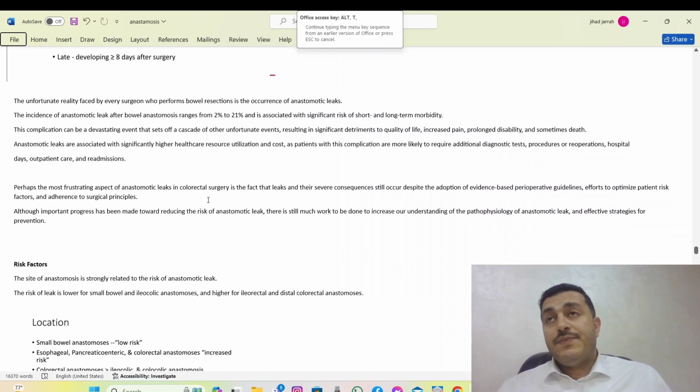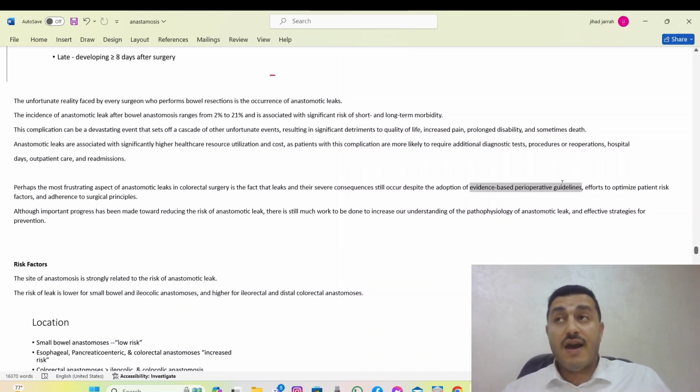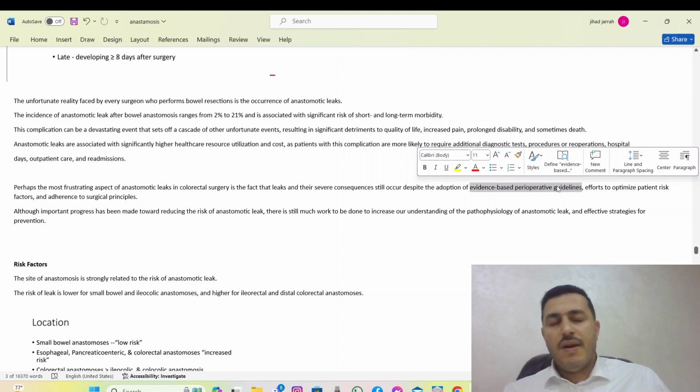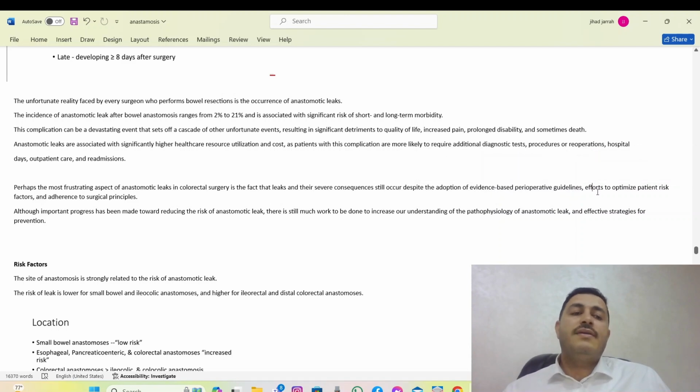The problem is that even with the usage of evidence-based preoperative guidelines, adherence to the ERAS protocol, and a patient with no risk factor with ideal surgery, leak can happen.